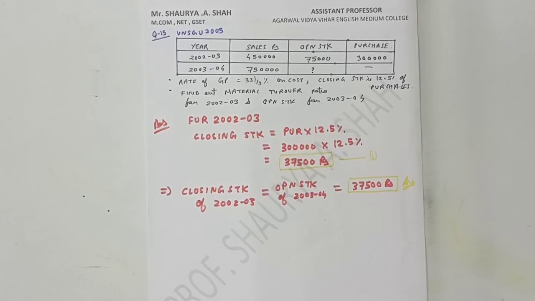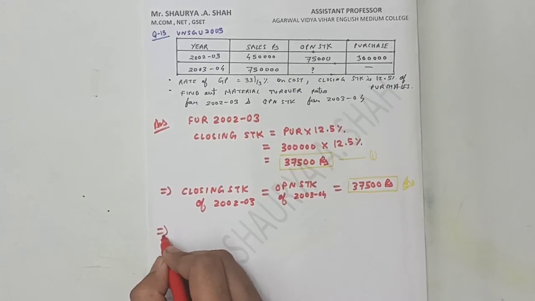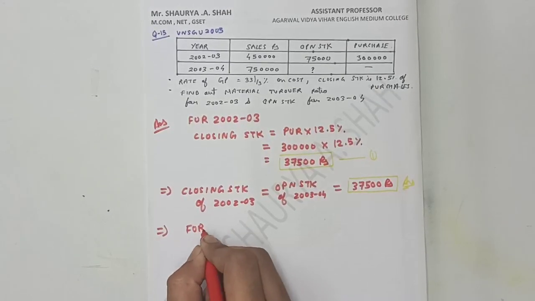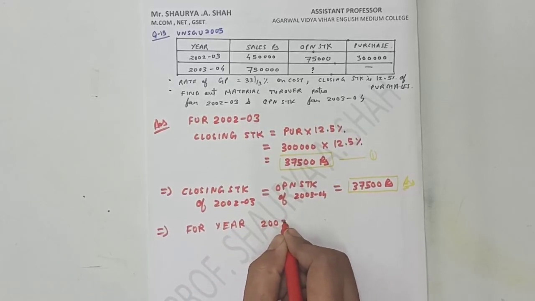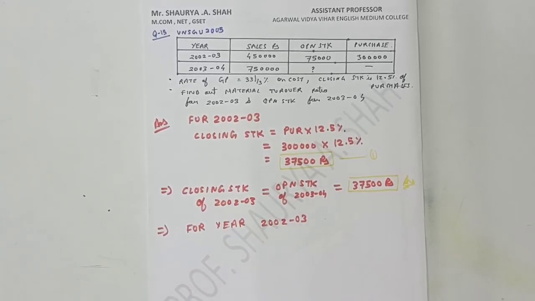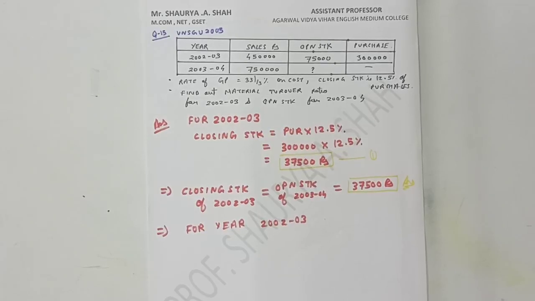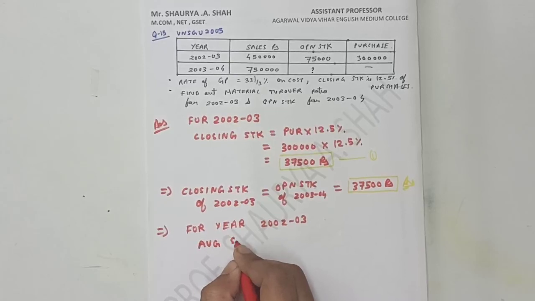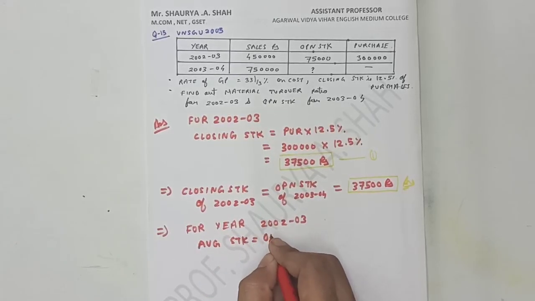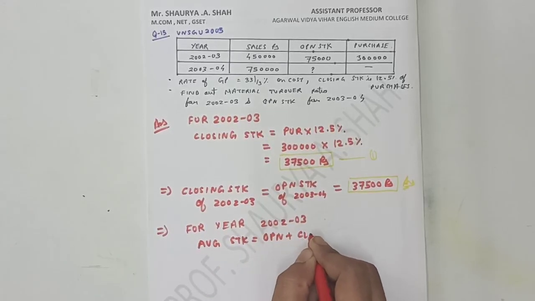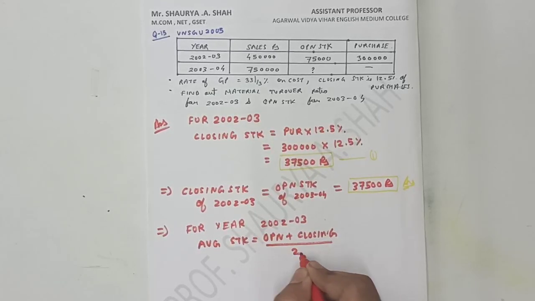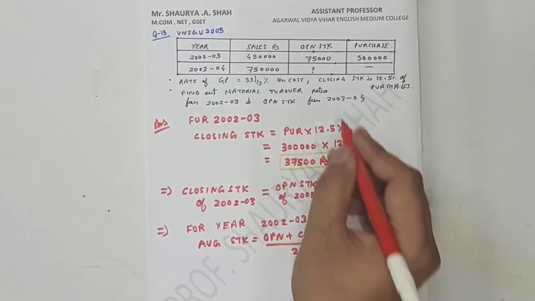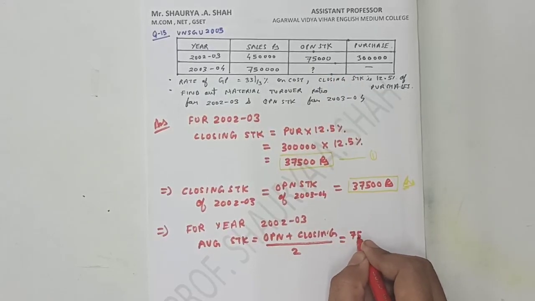So again, writing down for the year 2002-3, you will have the amount of average stock is equal to opening plus closing. Remember to write down the formula every time. Opening plus closing divided by 2. So what is my opening stock, dear students? It is 75,000.